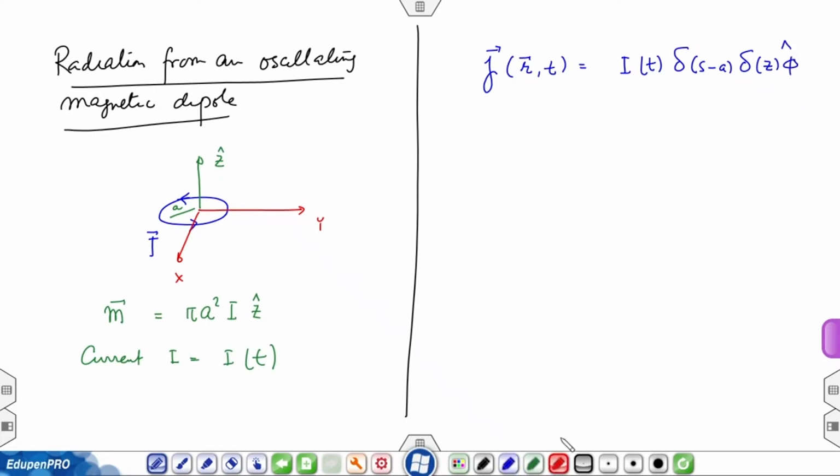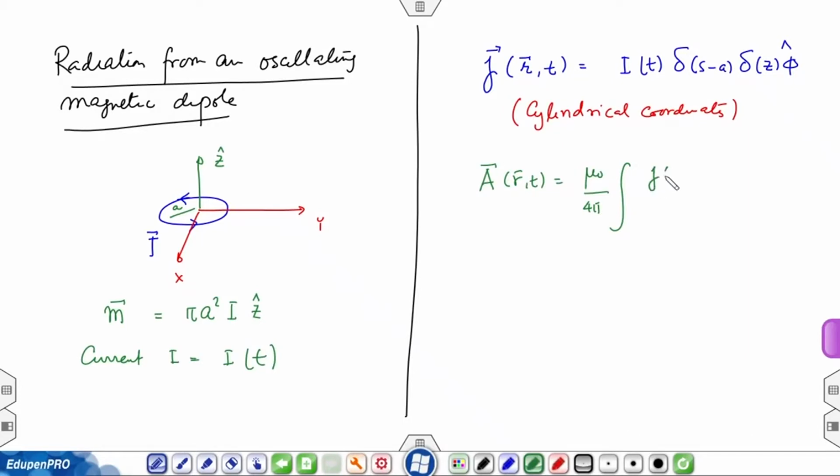We are using cylindrical coordinates. And the corresponding vector potential A(r, t) is going to be mu 0 over 4 pi integral J(r prime, t retarded) divided by modulus r minus r prime dv prime.